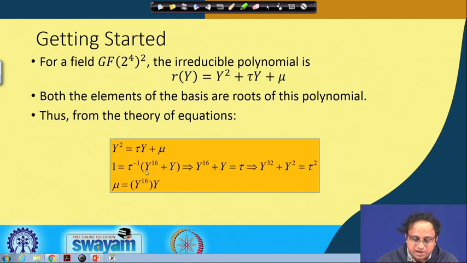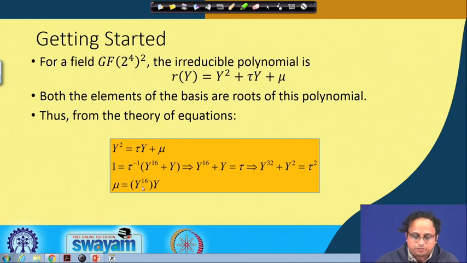So we can rewrite this as 1 is equal to tau inverse times y power of 16 plus y. That means y power of 16 plus y is equal to tau, and squaring both sides, y power of 32 plus y squared is equal to tau square. These are manipulations that we will be using in our future simplifications.